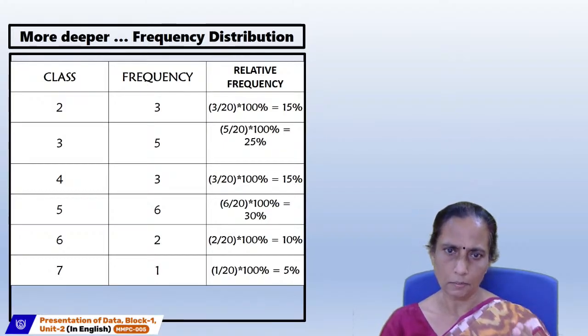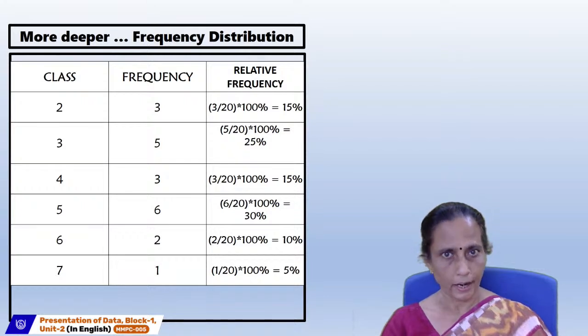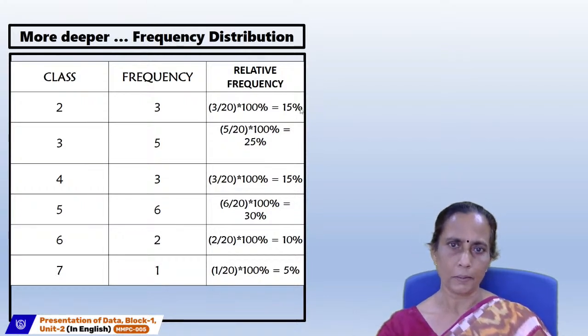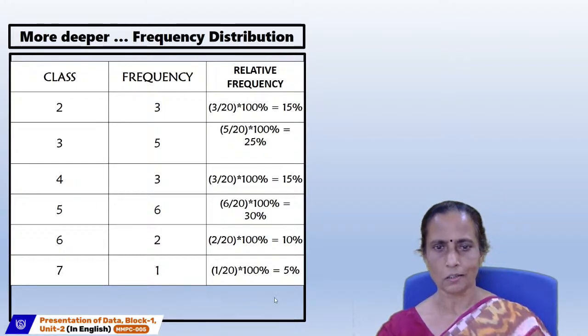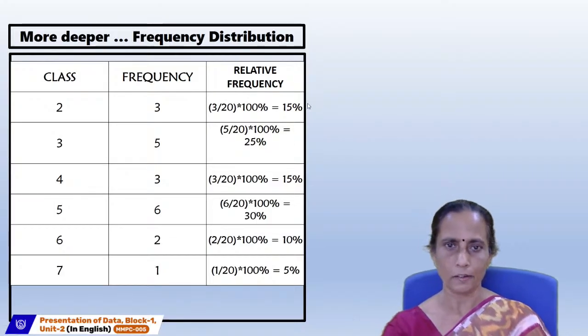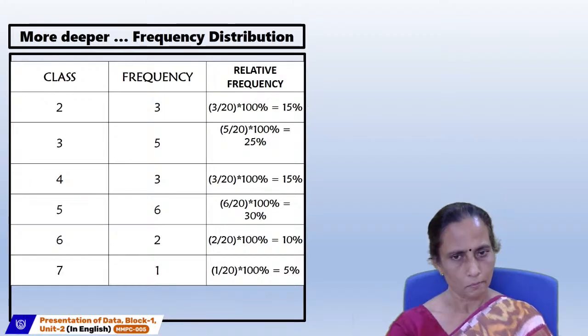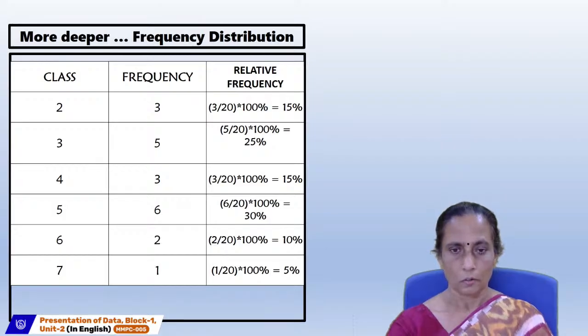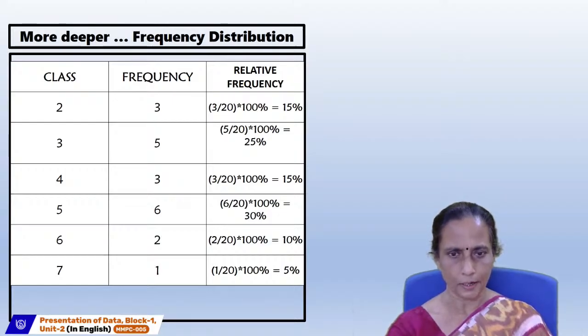And similar is the case for the rest of the classes. If you add up the relative frequency of each, your calculation is correct if all of this adds up to 100. 15 plus 25 is 40, 40 plus 15 is 55, 55 plus 30 is 85, 85 plus 10 is 95, plus 5 is 100, 100%.